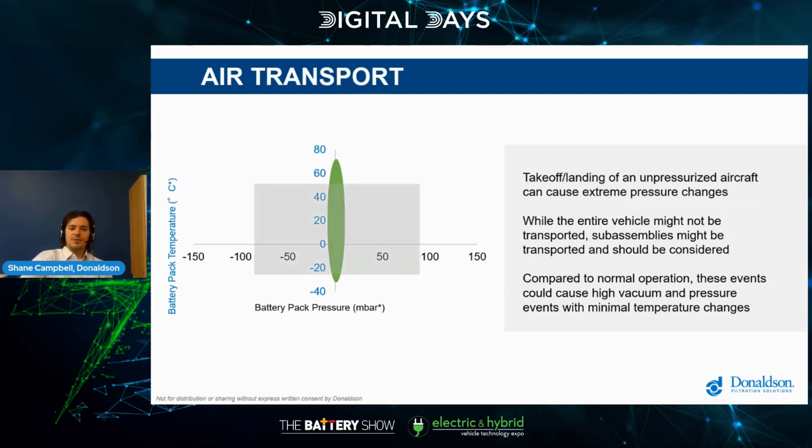So now your battery pack and the vent will experience a varied range of temperatures, but you will see both positive and negative pressures during takeoff and landing of the airplane. And with a fully sealed battery pack, this will directly impact what you see inside the battery pack.